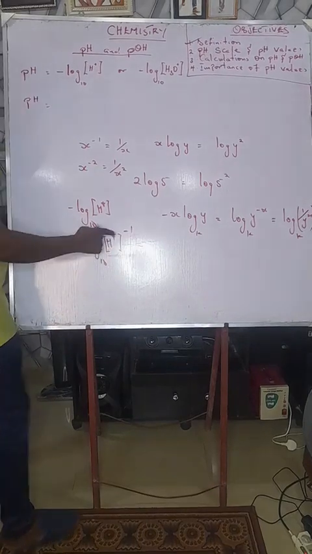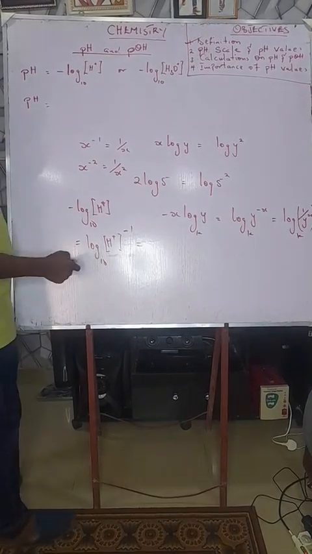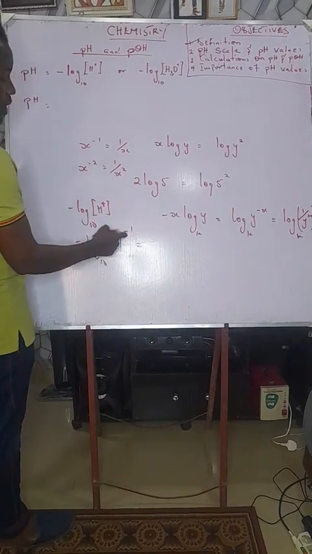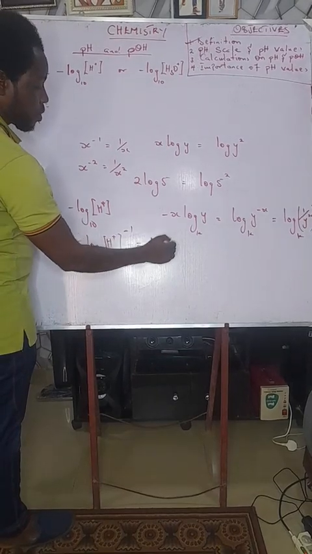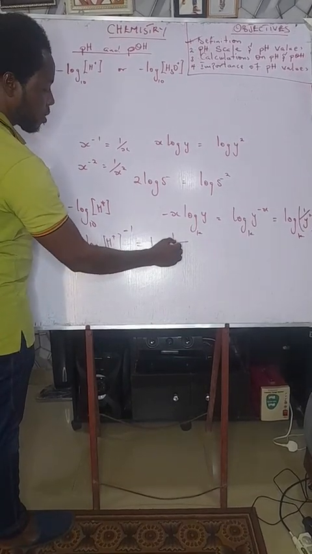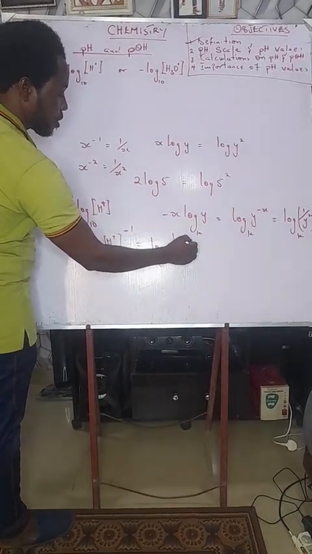So from here now, remember my law, the negative index in logarithm, or in indices, this one is going to be log 1 over H plus concentration, base 10.